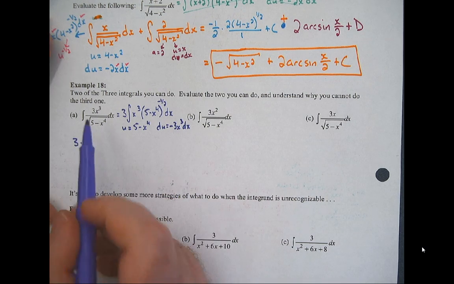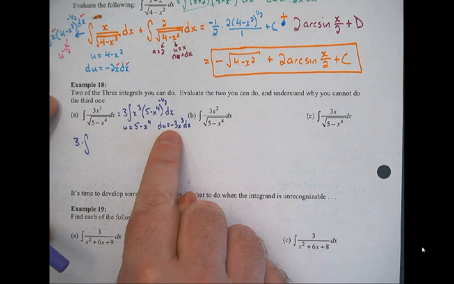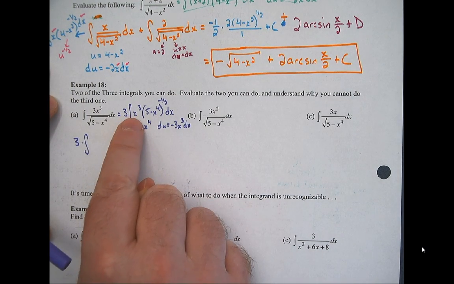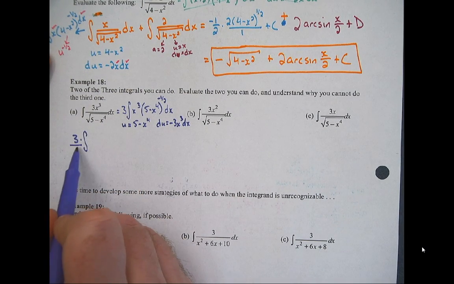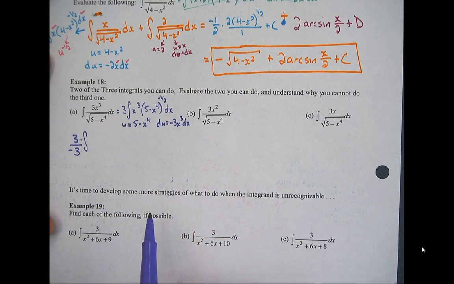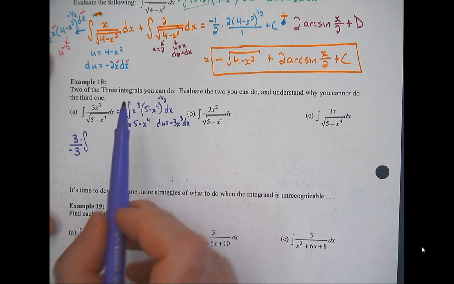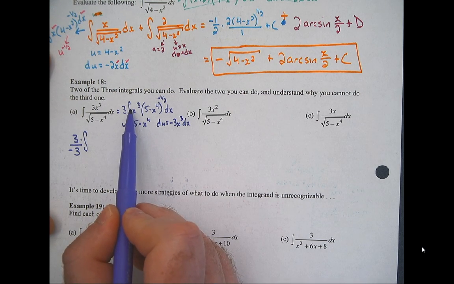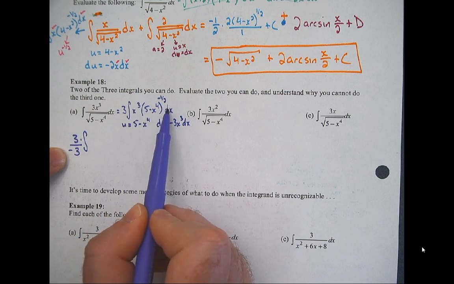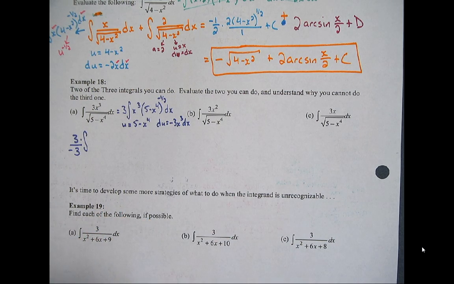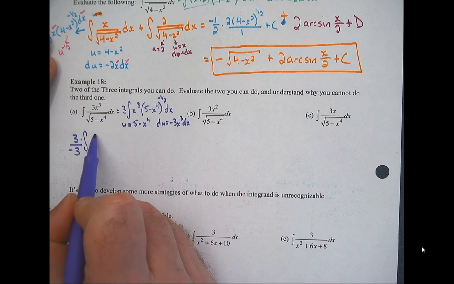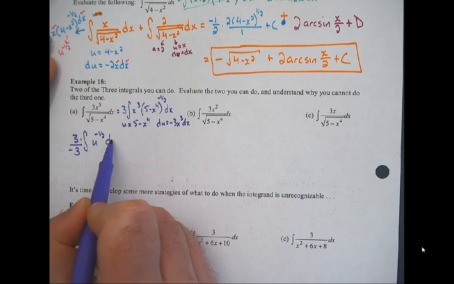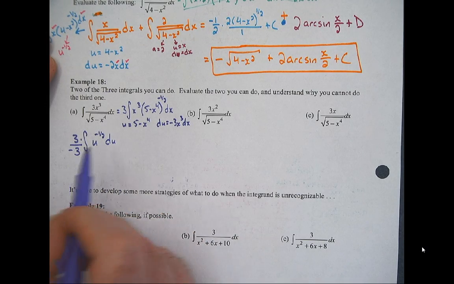I'm going to leave it out. So I need to generate a negative 3 in front of the x cubed. So I've got the 3 out front. I can put a negative 3 in there as long as I divide by it, that's my correction. The negative 3 that I put here rolls in with that dx to make our du, and then I have u to the negative 1/2 du, which is something that I can integrate.